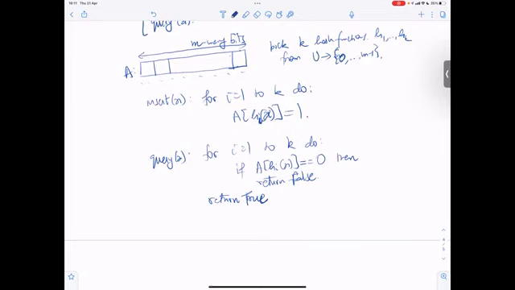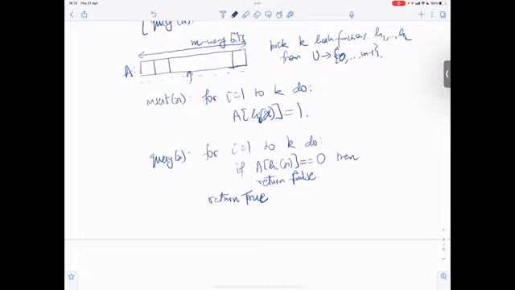You will check the hash function values. So if you hash this X onto wherever, Hi of X would point to a bit, and if this bit is 0, it means that we have definitely not hashed anything to this.